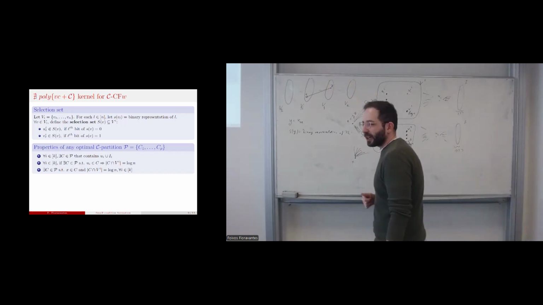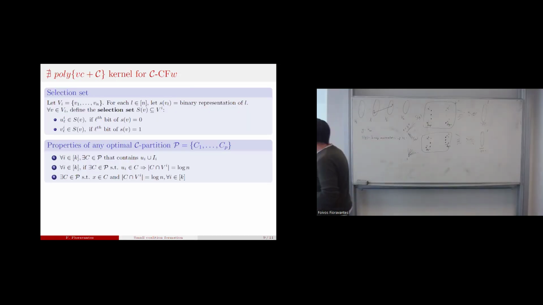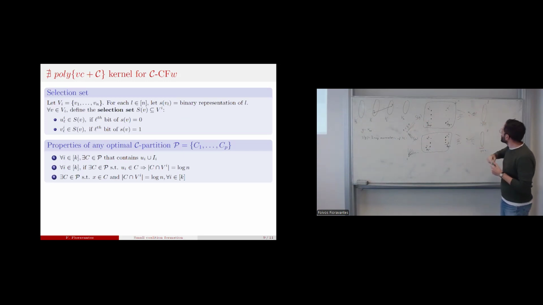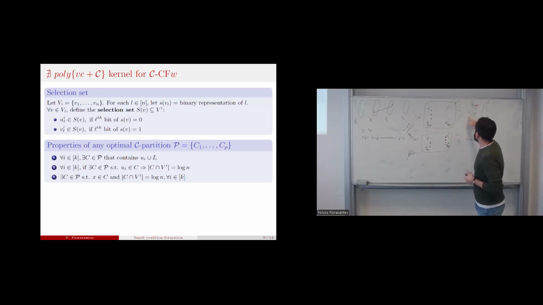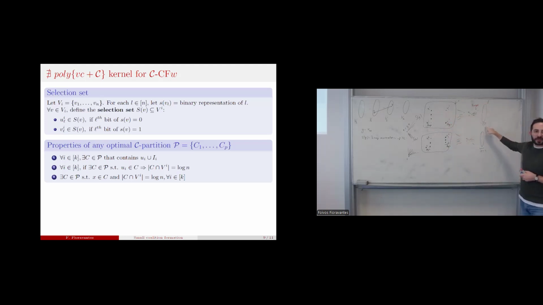The weights will come from the properties that we want these things to validate. The first one is that for every one of those, all of this is in the same coalition. Well, to achieve this, I will put here weight huge. Okay, so if I don't have even one of them, I am suboptimal. The second one is that if a part has this vertex, then it also has exactly log n vertices from here. To achieve this, I will play with the size of this.